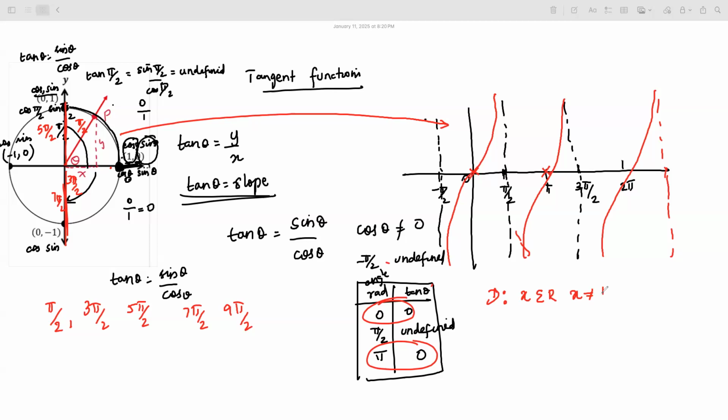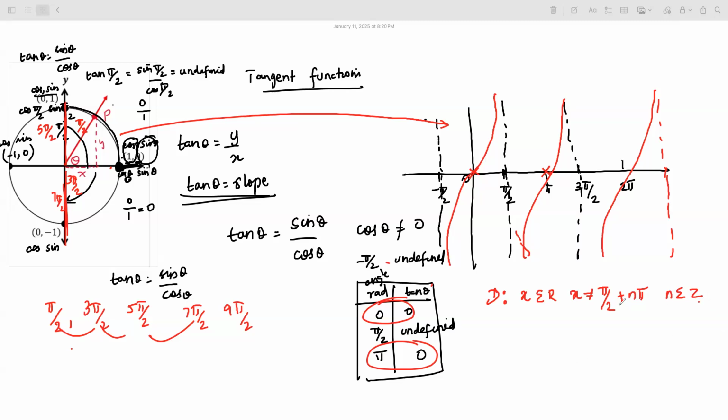Pi over 2? Not really, only the odd ones, right? Good thoughts though. Can I put it as pi over 2 plus n pi, where n is an element of Z?